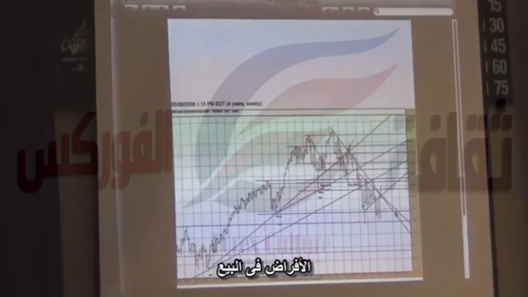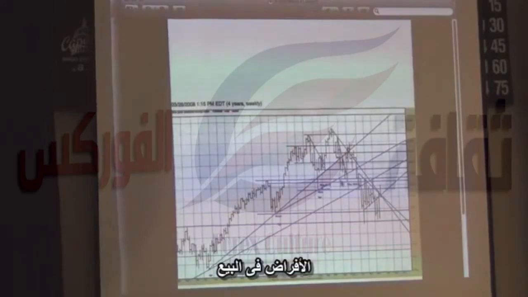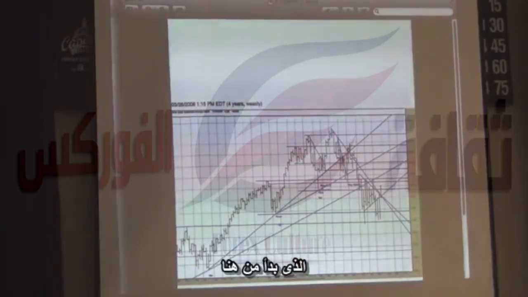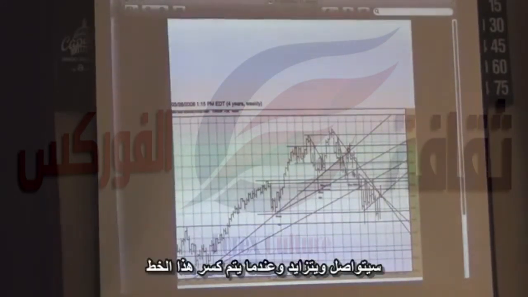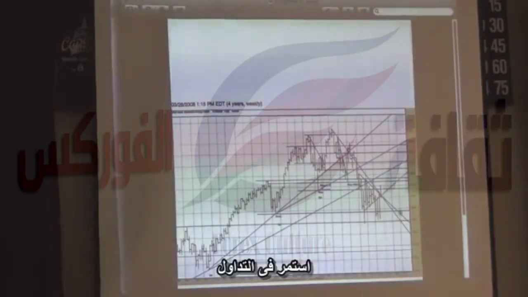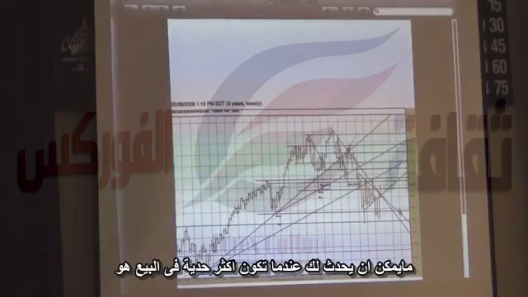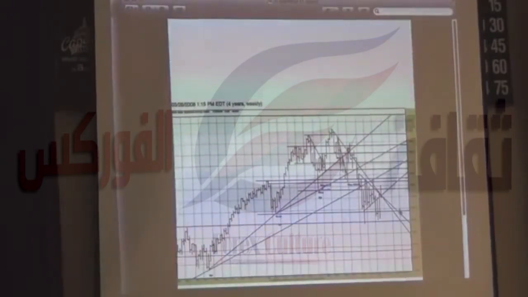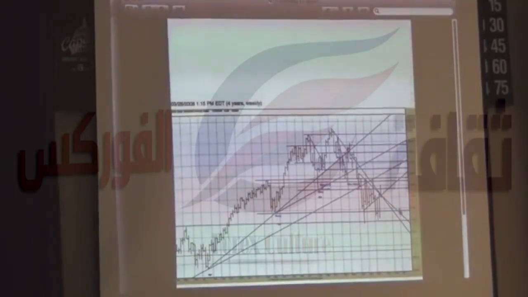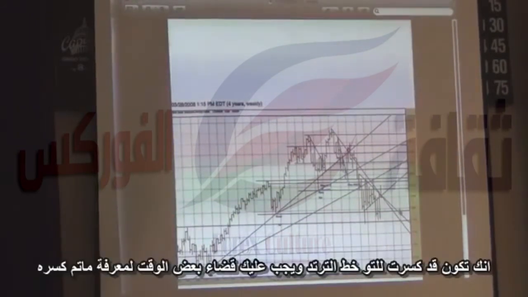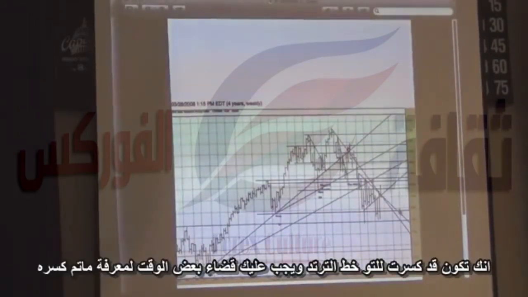The more aggressive short starts here, continues here with an add-on, and then when this line is broken, goes all in. So depending on how aggressive you are, there is a risk: when you've just broken a very minor trend line and you're anticipating that longer trend lines will be broken, sometimes they're not. Sometimes there's a short downtrend.